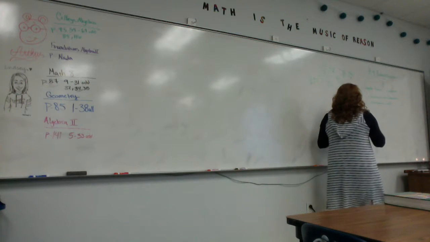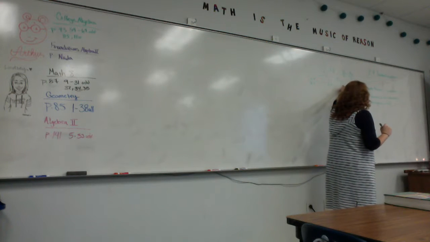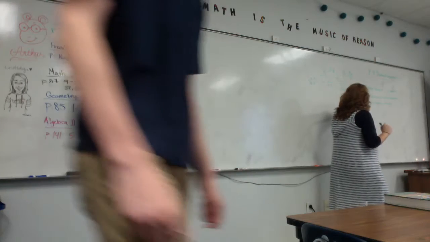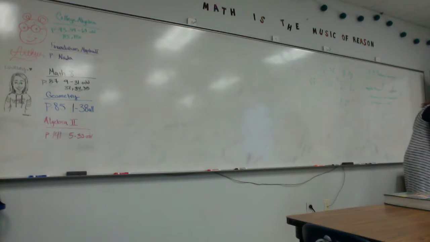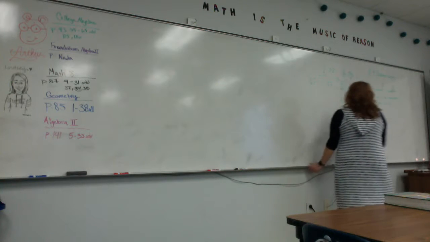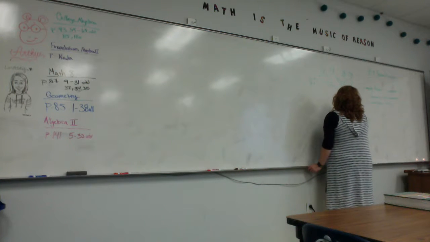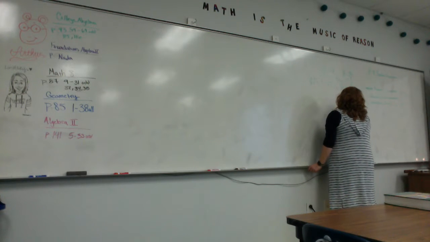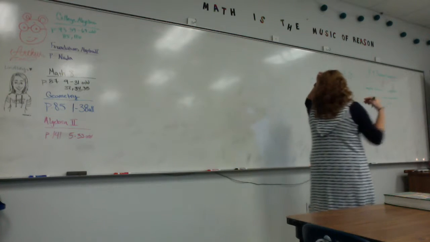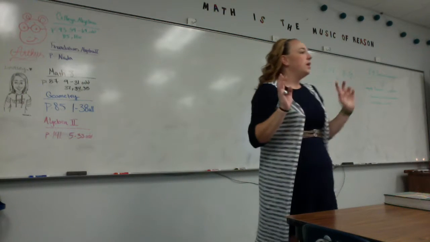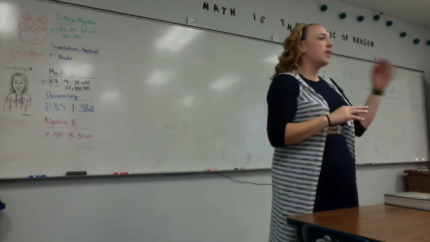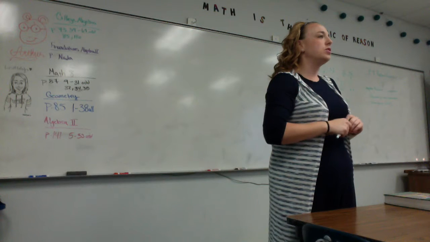My larger fraction has x minus 1 minus 1. So that means I'm going to get x minus 2 on top over x minus 1, my common denominator. Now, when you are dividing fractions, you have a fraction, you divide it by another fraction, what do you do?